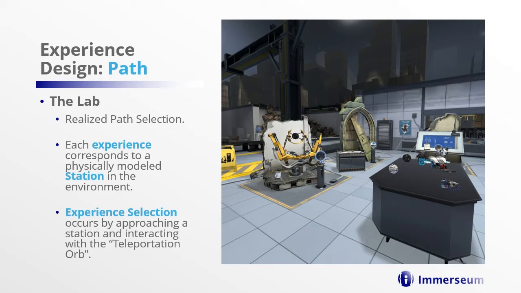In order to choose a path, in order to enter the slingshot game, you have to go to the physically modeled station and interact with it. It makes the selection of the path integrated into the environment. It's part and parcel of the environment, not distinct in any way. If you want to enter the slingshot game or any of the other games, you have to go to the station and interact with the teleportation orb.